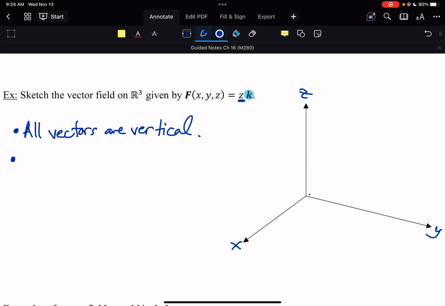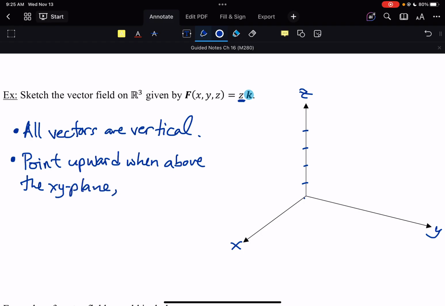If z is positive, so if we're somewhere up here above the xy plane, these vectors will have positive values and they will point upward when above the xy plane.